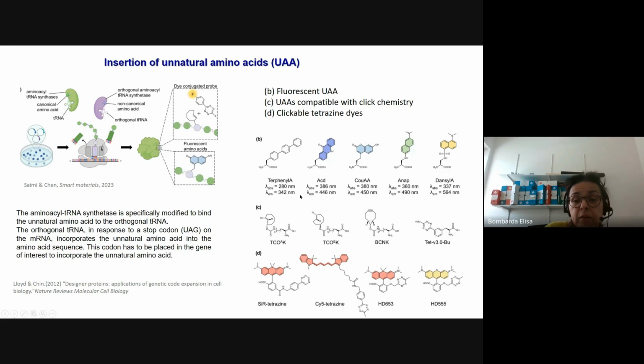with this method. These are amino acids that are compatible with click chemistry, and then of course it is required to add a probe, a fluorophore that can interact with this group, and then you can label your protein after synthesis.